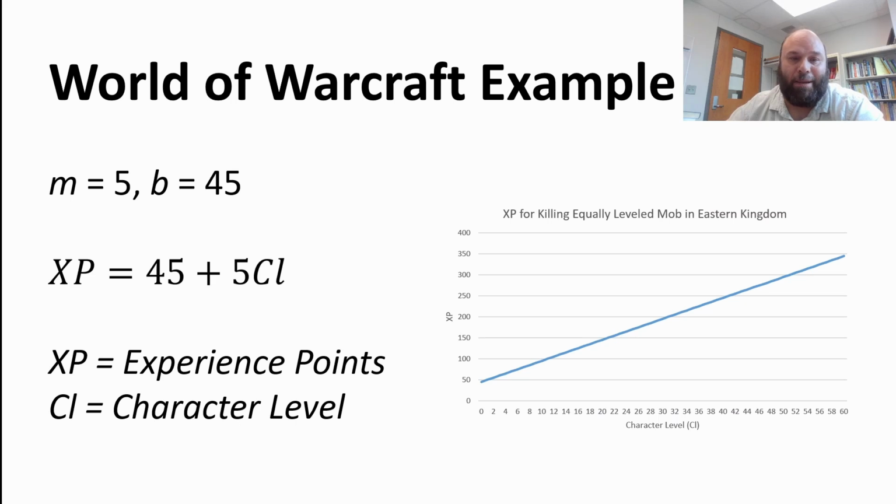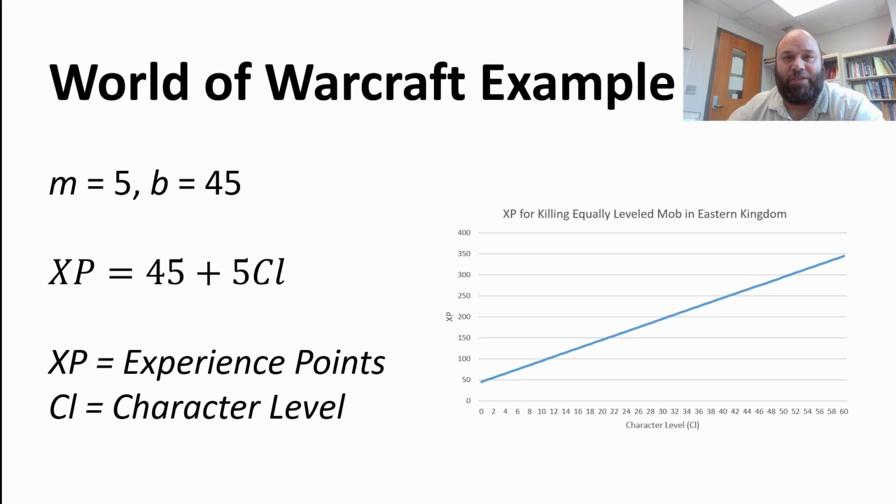Now, instead of y, I'm using xp for experience points because that's more informative. Instead of x, I'm using character level, cl, because that's more informative. And I actually wrote it as b plus mx instead of mx plus b. I wrote it as 45 plus 5cl. I tend to write them like that because I like the thinking of we start at 45 and then we add 5 cl's. So where does mx plus b come from?